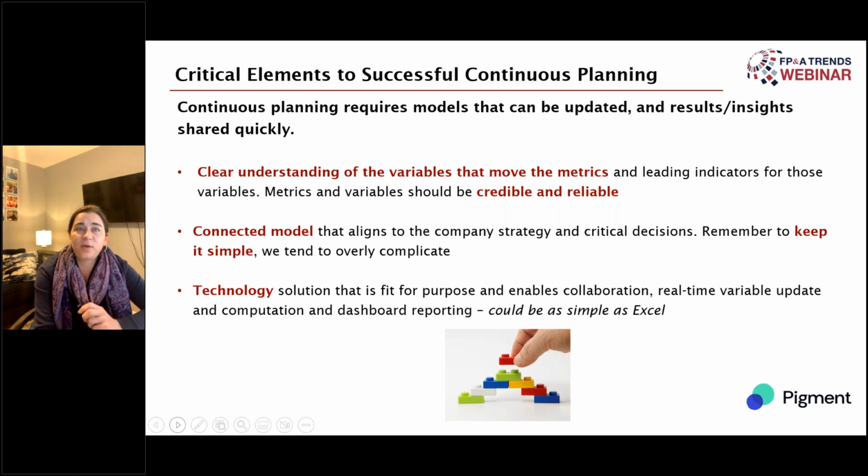And that may work in some areas, some companies. But in large or complex organizations, that type of modeling environment is just too clunky to be fit for purpose or be fast enough to be usable. One thing that I want to emphasize to you as you're building your model is to keep it simple.